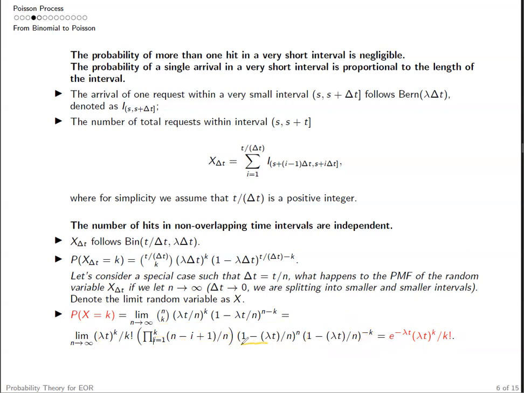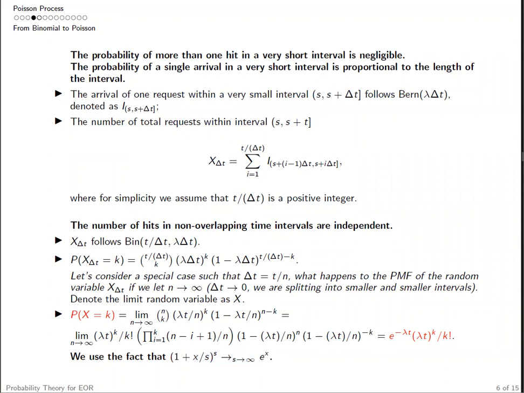To derive the limit of this term, we make use of the definition of Euler's number, the fact that the limit here will converge to e to the power x.